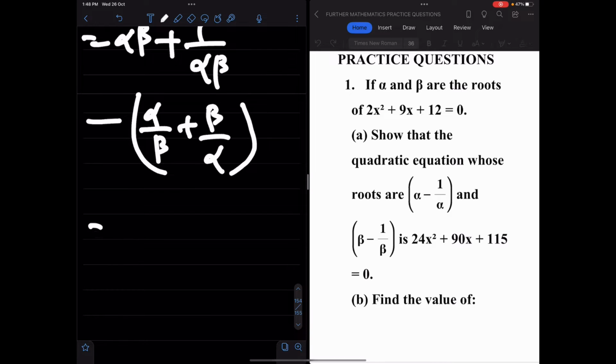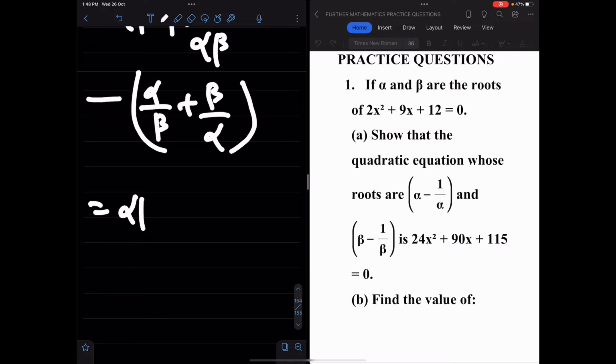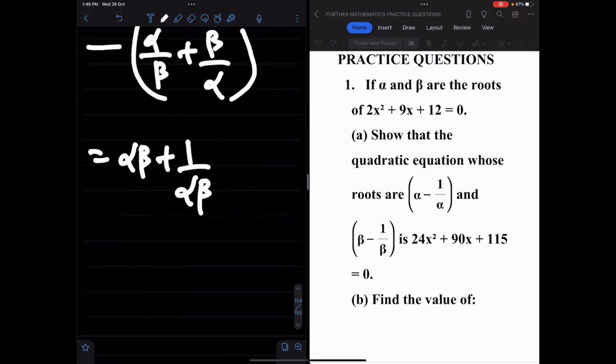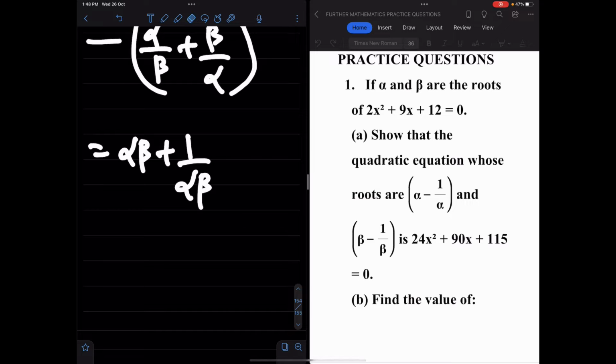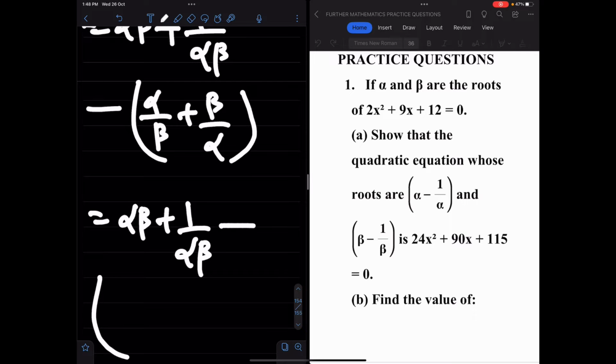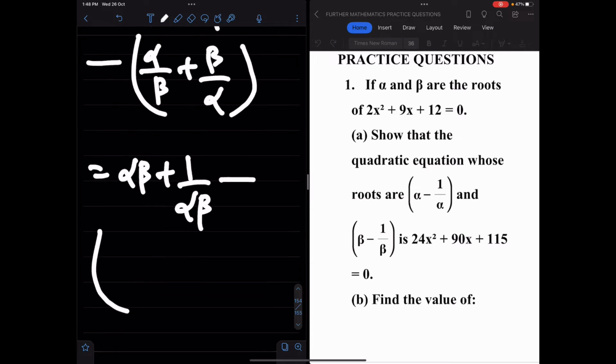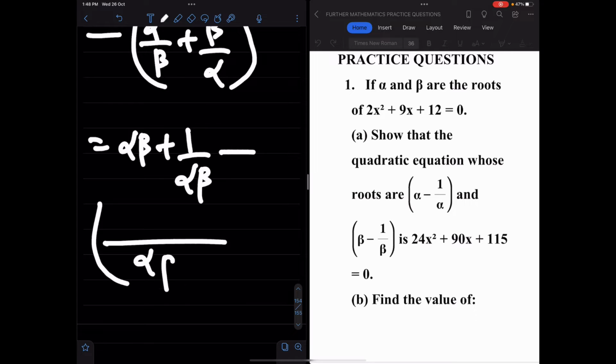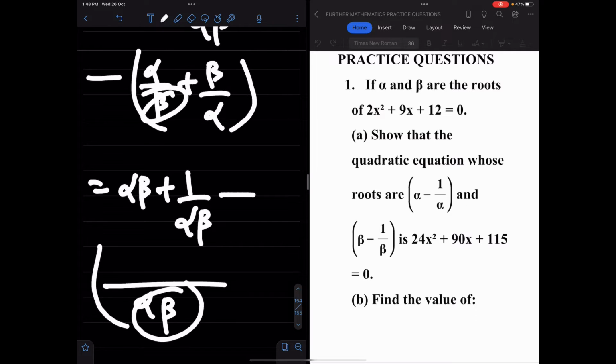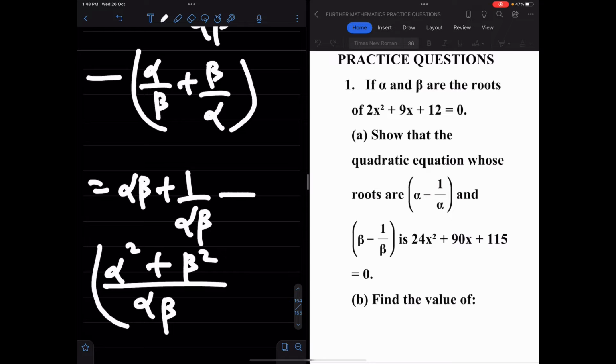Which is the same as alpha beta plus 1 over alpha beta, minus, let me write that on the next line, the bracket where the LCM of the denominators is alpha beta: alpha beta divided by beta is alpha times alpha, that's alpha squared, plus alpha beta divided by alpha is beta times beta, that's beta squared.